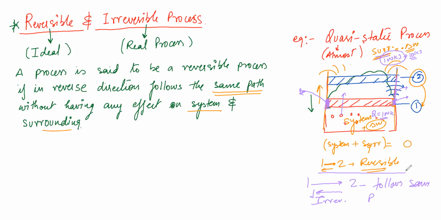So friction, remember, friction always plays a very crucial role to define reversible and irreversible process.